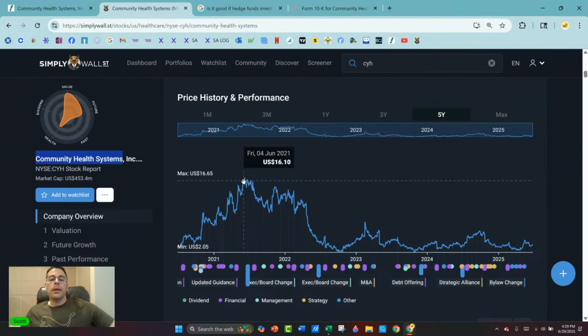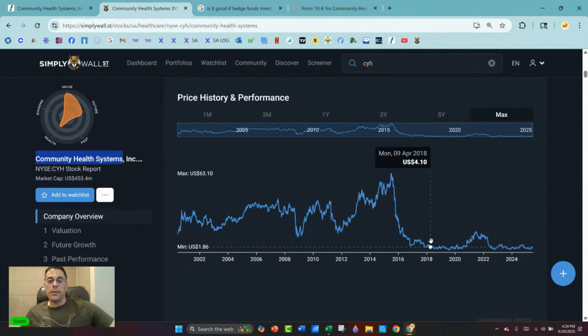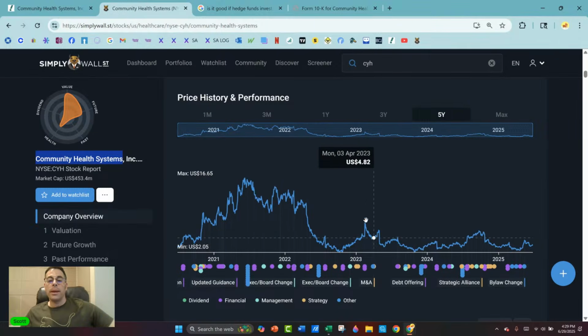It grew to almost 17, so you could have got a nice return. You could have tripled or quadrupled your money in just 3 years. That's if you were crazy to buy it at $3, but it would have paid off. But you need to sell it because, of course, it came right back down.